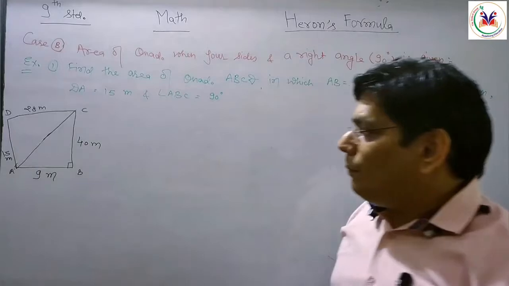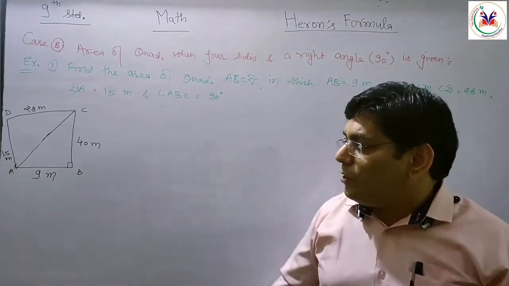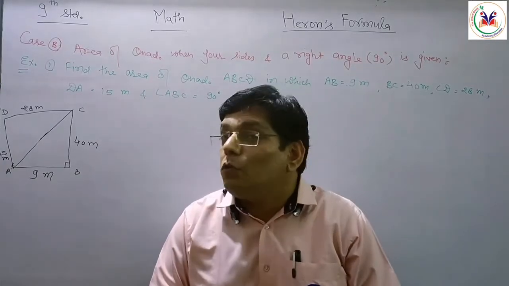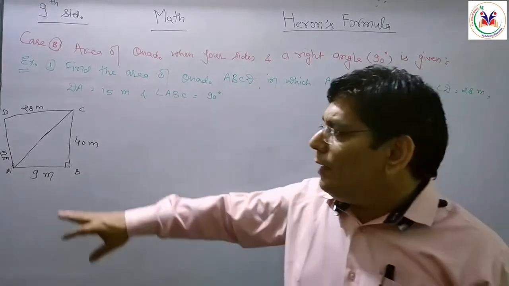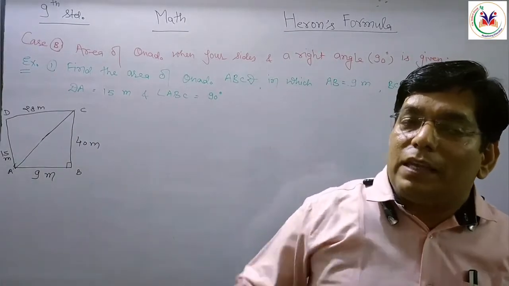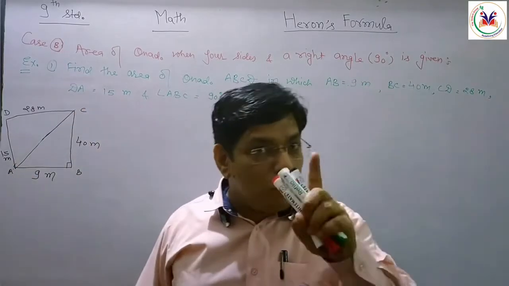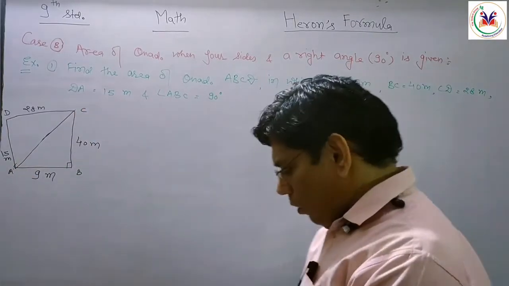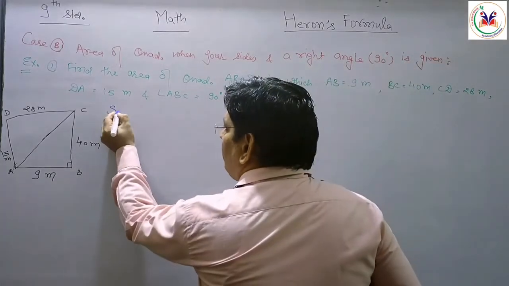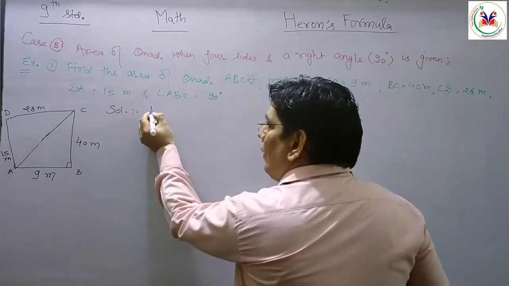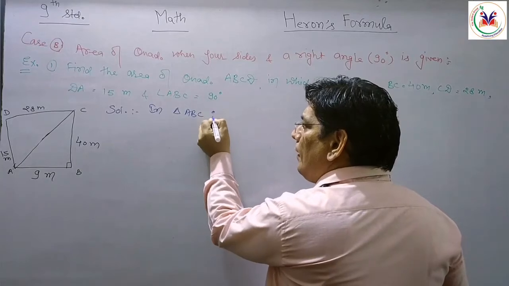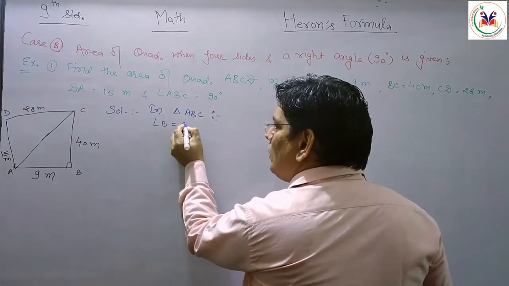Now, before starting the calculation, we should go for the triangle ABC. What is the new thing in triangle ABC? Don't you think ABC is a right angle triangle? In a right angle triangle we can calculate the hypotenuse using Pythagoras theorem. So first of all, we write in triangle ABC, angle B equals 90 degree.